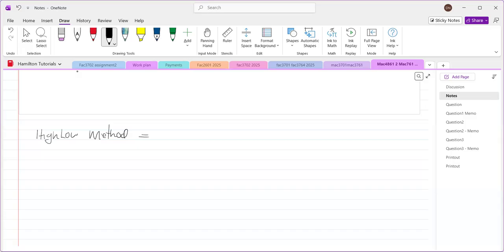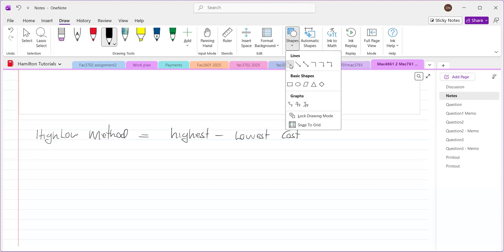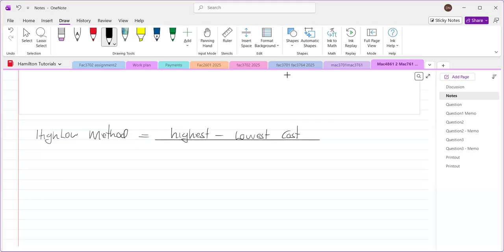Right, when we apply the high-low method, good people, we take the highest minus the lowest costs. Then we divide this by the highest or lowest activity.